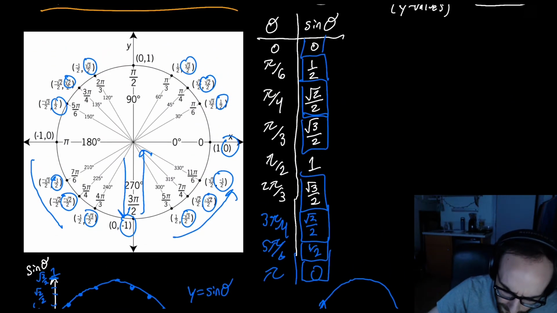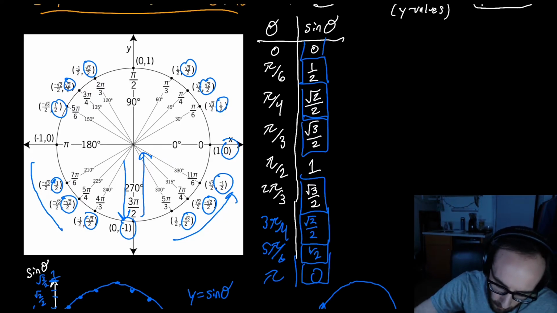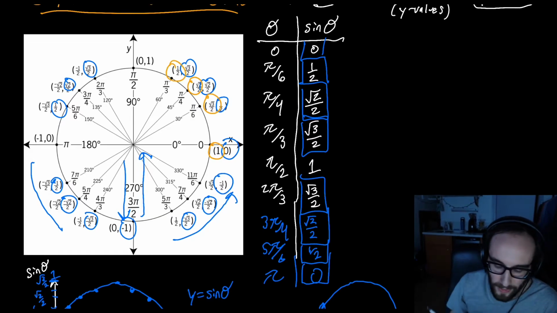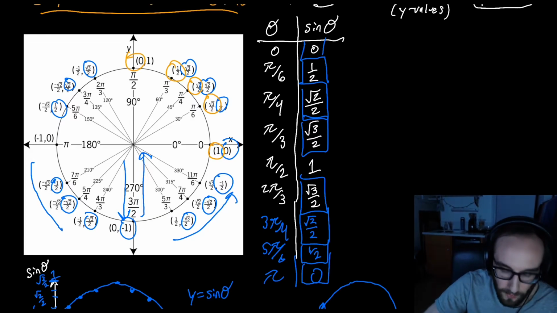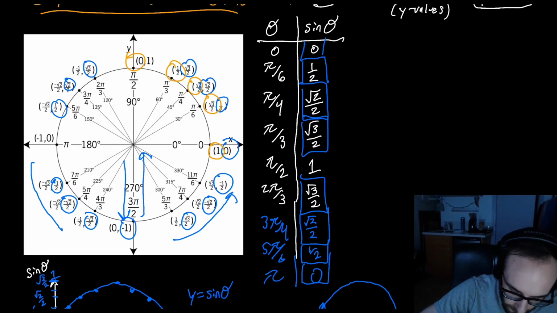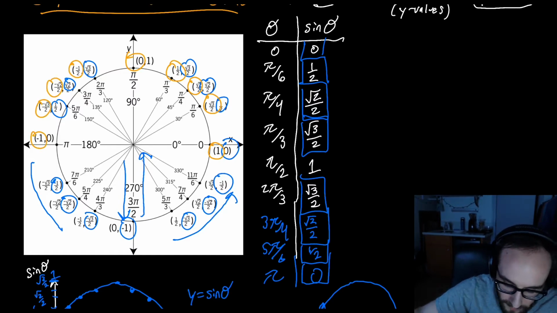Cosine of theta is really similar, except for cosine of theta, what we're looking at is the x values. We start at 1, and then we slowly decrease until we get to 0. Then right away we start going to negative values until we get to -1.